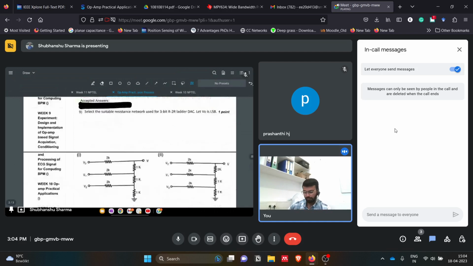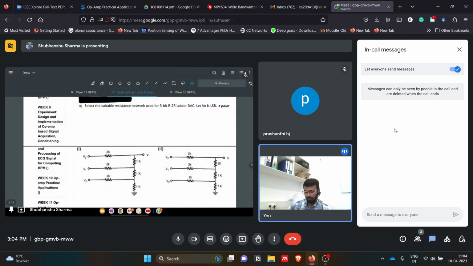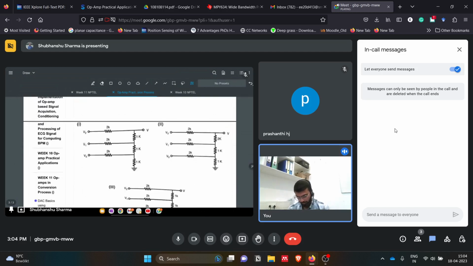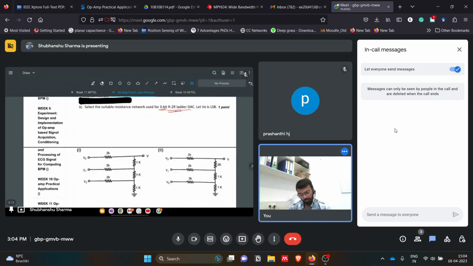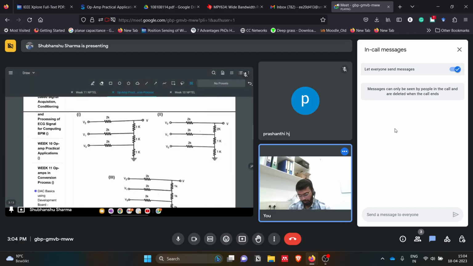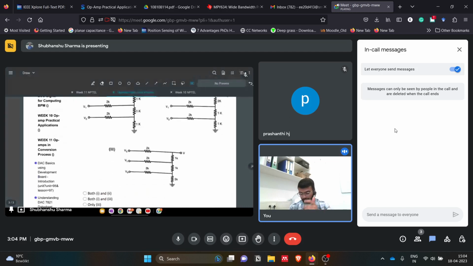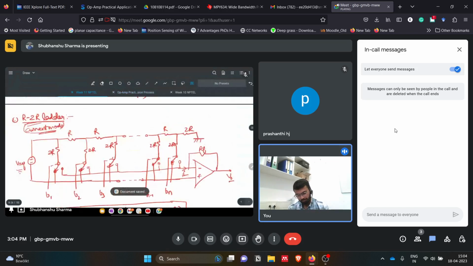Ninth: select the suitable resistance network used for a 3-bit R-2R ladder DAC. Let V naught be the LSB. So we have to choose the R-2R ladder that is 3-bit, and V naught is the LSB. We have seen that in the DAC circuit the last part is 2R.